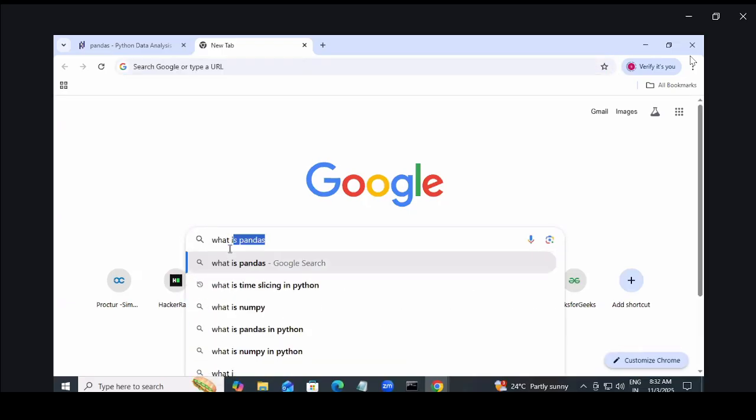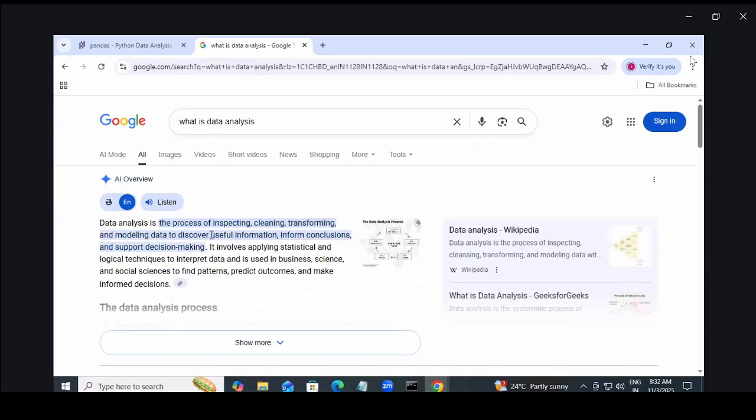Here, what is data analysis? Data analysis is a process of inspecting, cleaning, transforming, and modeling data to discover useful information. This information is helpful in making decisions.